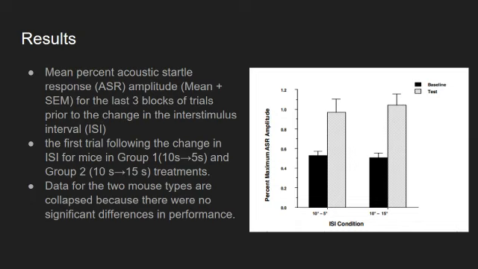But we see that the data collected through this graph is not significant, as there is no significant difference in the performance, and the data for the two mouse types are basically collapsed. This is a baseline and this is a test.